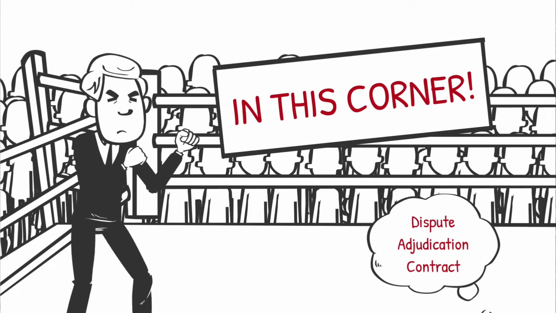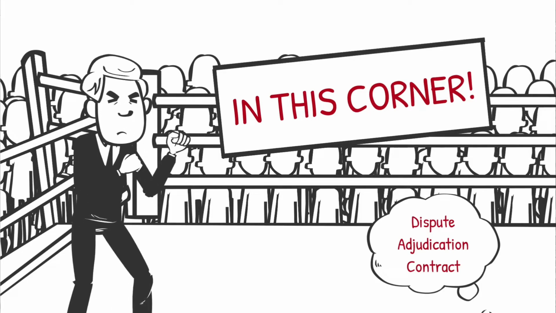Now, within NEC, you also have your adjudication contract. Normally, you sign it as and when there's a dispute, right? Because an adjudicator is someone who comes to hear what the dispute is between the parties.